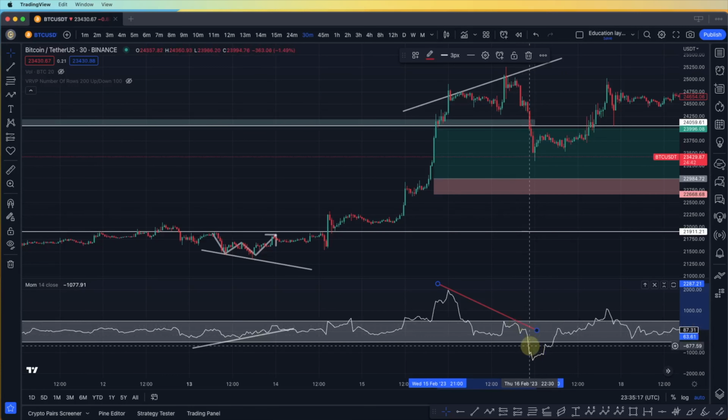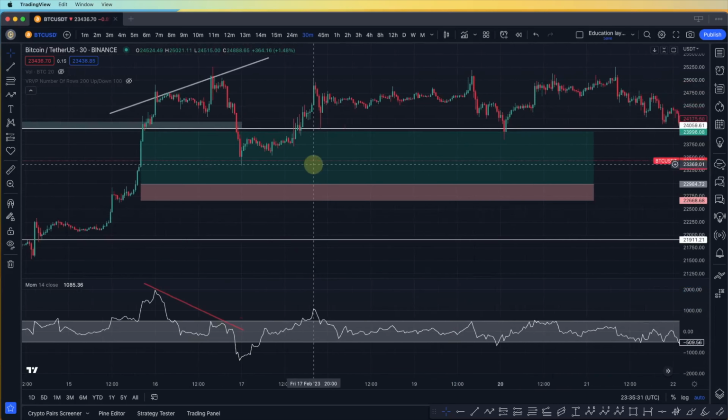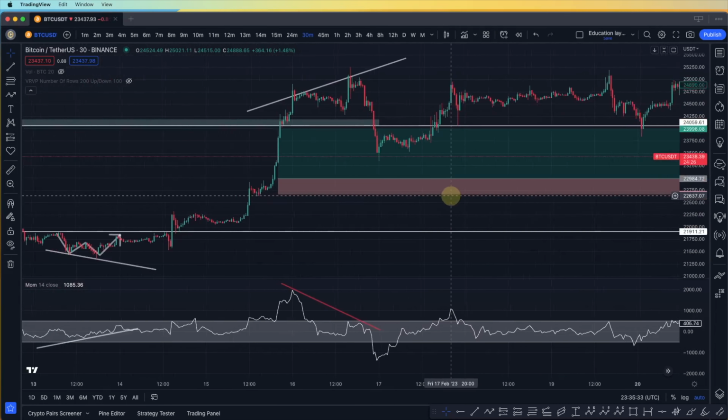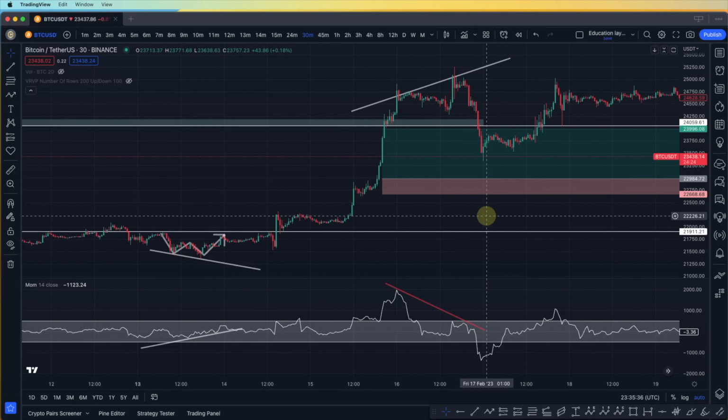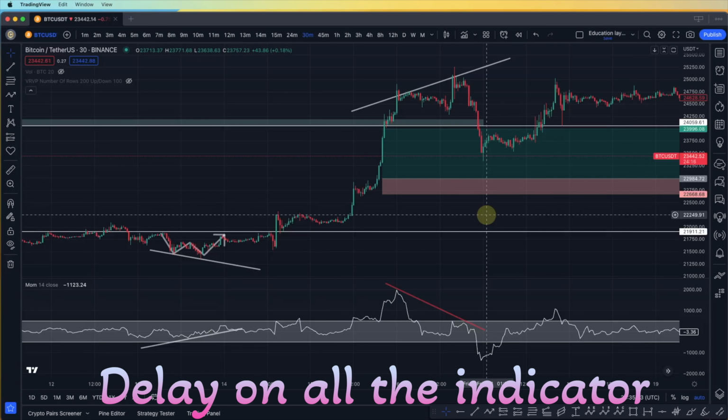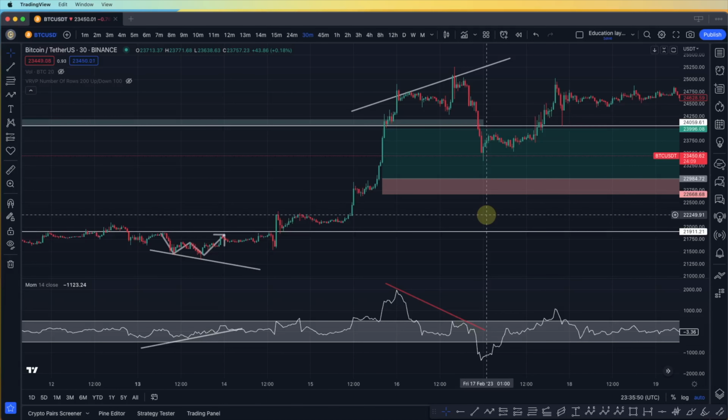We break below this one too, and below this one as well. That is good confirmation for us, but it's still too late because most indicators and oscillators have a delay. But I can still use them if you have good confirmation from them.